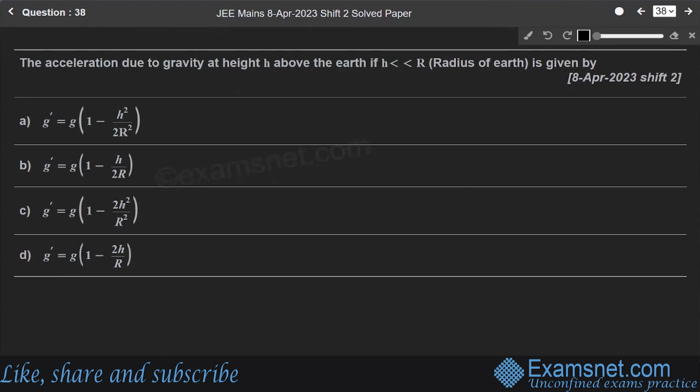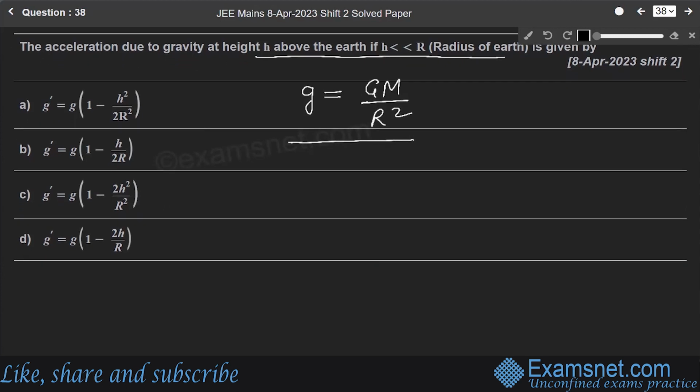Okay, we have to find the acceleration due to gravity at height h above the earth. We know the very basic formula of gravity at the surface of the earth is g equals GM over R square. This is the very basic formula for finding the gravity on the surface of the earth.